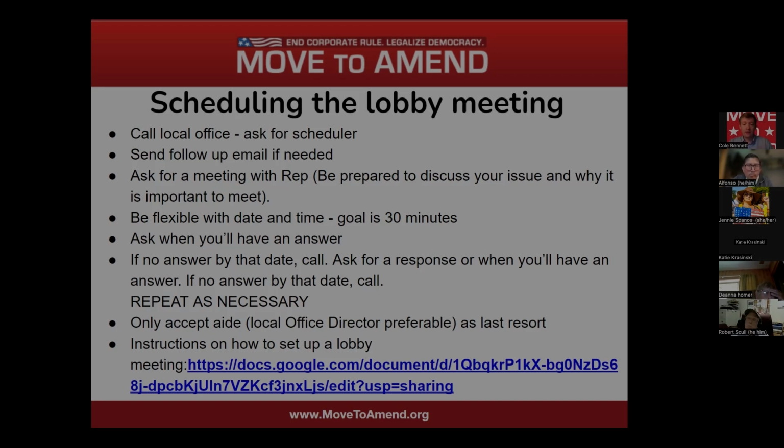So again, if you can, call in whatever favors you can to get the actual representative on board. But if not, a member of their staff is fine. It's just going to inform maybe your success rate. It's going to be better to try and get the actual representative.